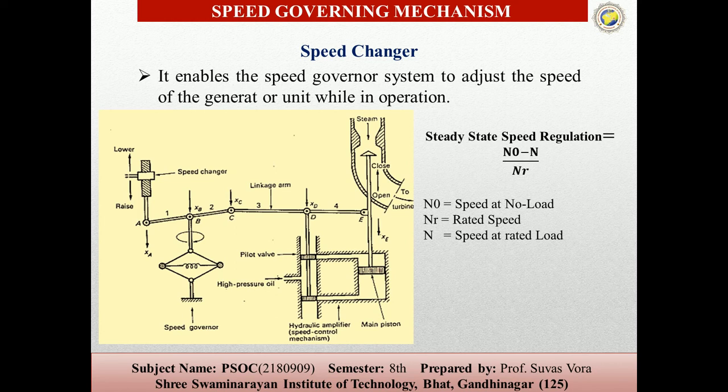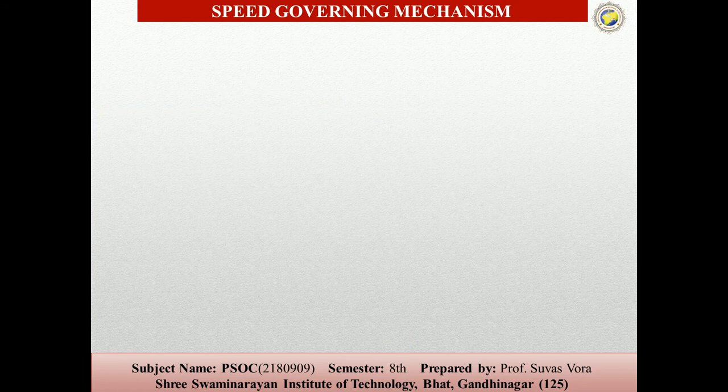Then after the control of the tie-line power flow involving the real and the reactive power, and distribution of a load among all the available generating units equally. यानी कि जो डिस्ट्रीब्यूशन लोड है वो जो लोड कनेक्टेड है उसमें इक्वली डिस्ट्रीब्यूट हो. So these are the mechanisms of speed governing systems.